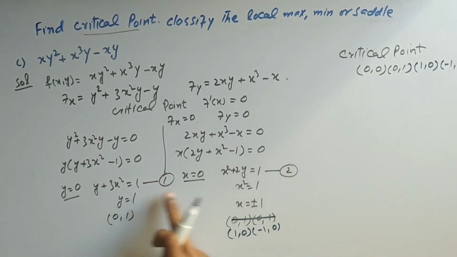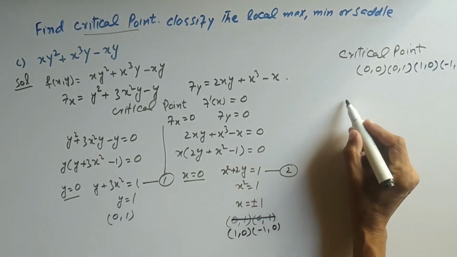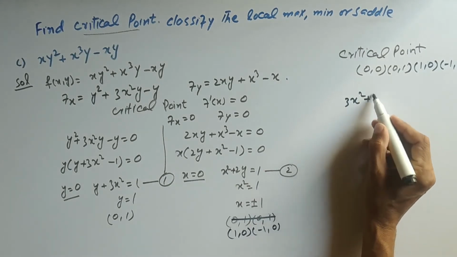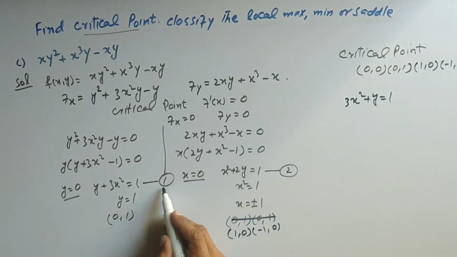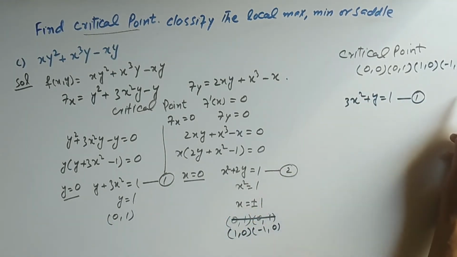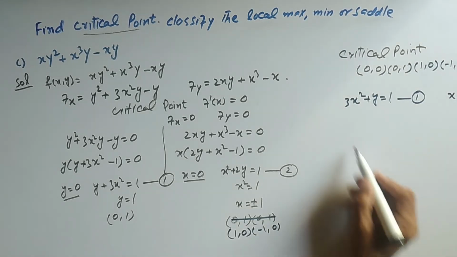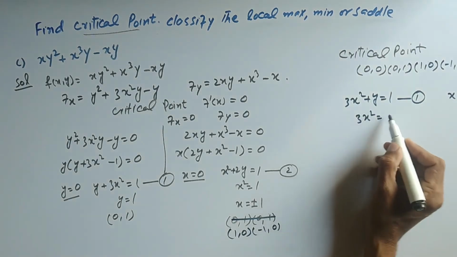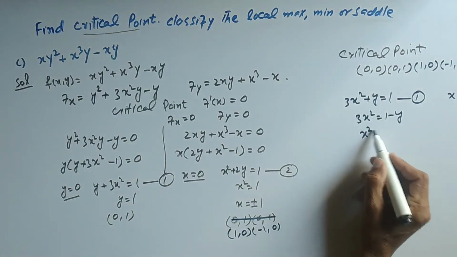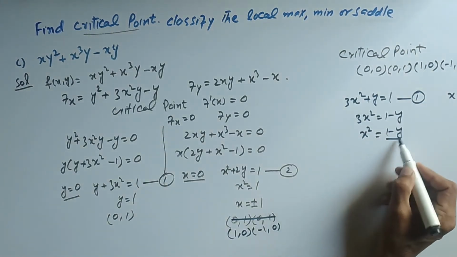Now we will solve these two equations: 3x square plus y equals 1, that will be equation 1, and x square plus 2y equals 1. 3x square equals 1 minus y, so x square equals (1 minus y) upon 3.